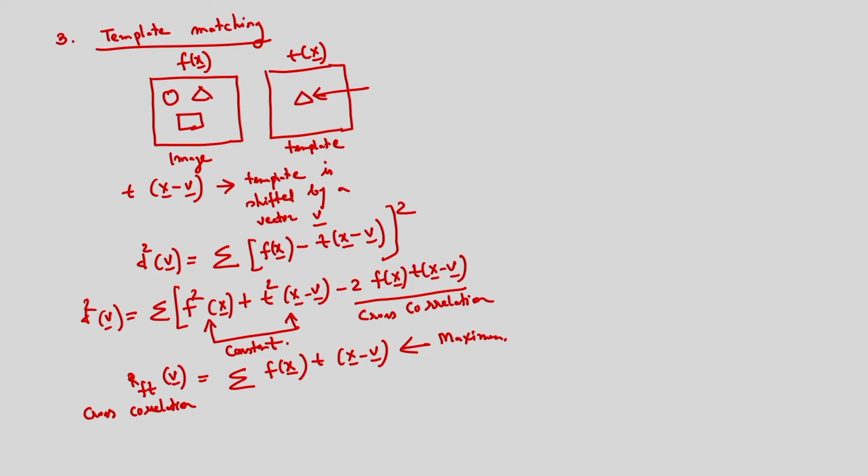In the continuous domain, if I consider this expression, then the summation will be replaced by integration. Now in the Fourier transform, suppose T u v I am considering, the T u v is the 2D Fourier transform of the template.